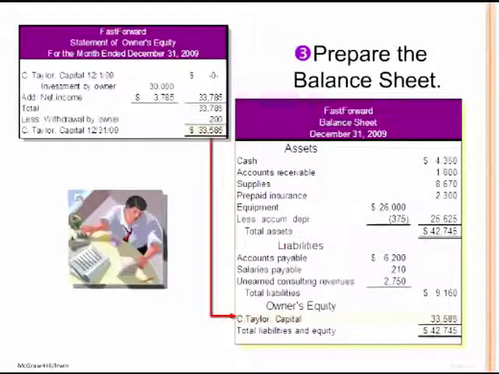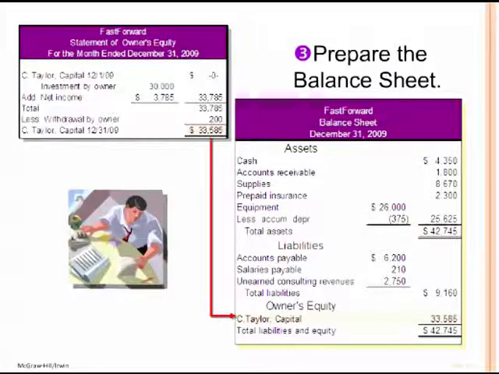The balance in Chuck Taylor's capital account appears on the balance sheet in owner's equity. The assets and liabilities are taken directly from our worksheet. The balance for total assets and total liabilities plus owner's equity do not equal the balance that appears on the worksheet.